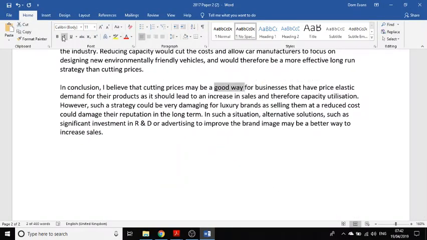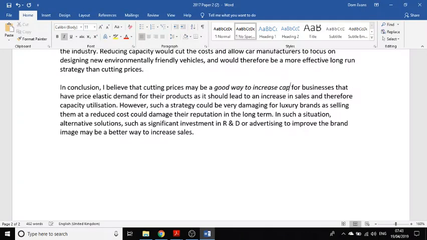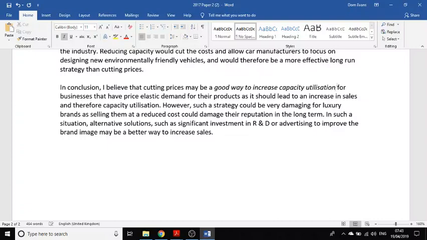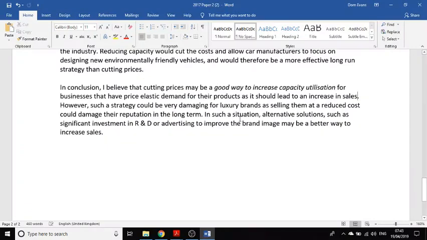In conclusion, I believe that cutting prices may be a good way for businesses that have price elastic demand for their product, as it should lead to an increase in sales and therefore capacity utilization. I think I would need to say a good way to increase capacity utilization. That's probably a better way of phrasing it.